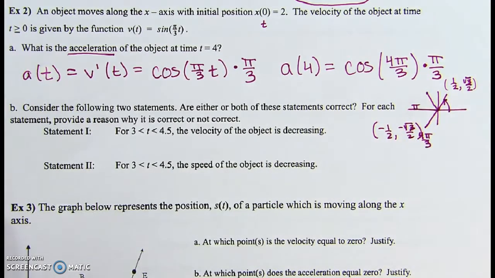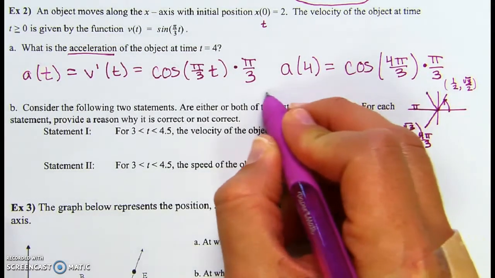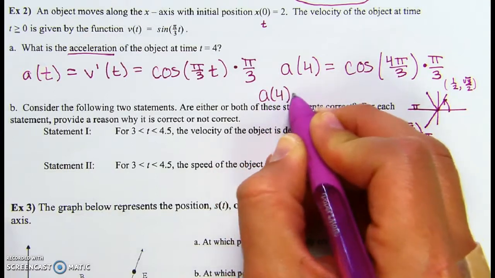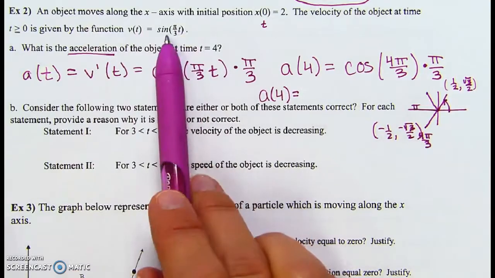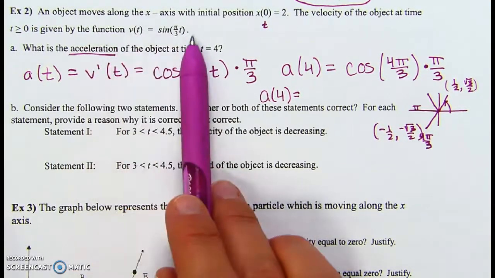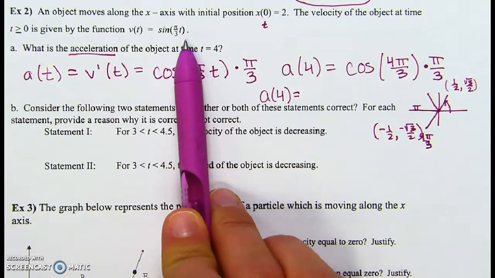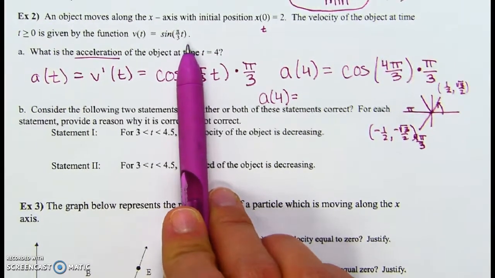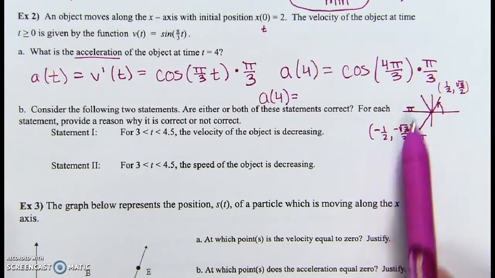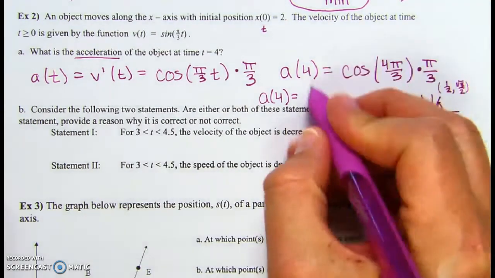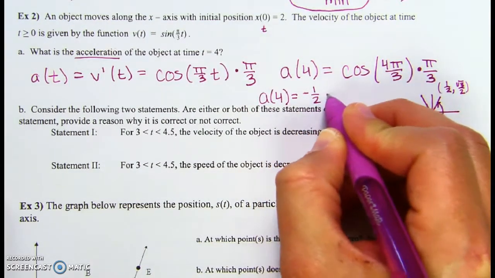Okay. So the acceleration at 4, notice this was right off an AP exam. I wanted to let you know, do you see how there's no units for this question? The AP exam doesn't use units for these. It's silly. Okay. So the cosine is negative 1/2, but we still have to multiply by pi over 3.